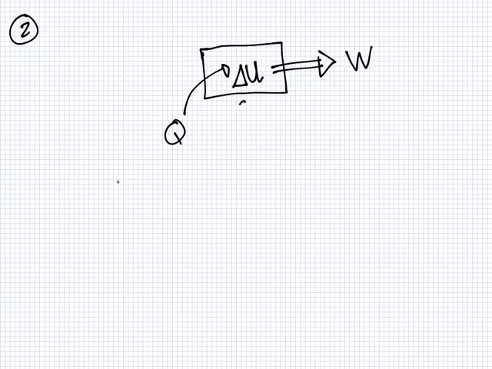So it has Q, delta U, and W in the answer. The efficiency is the work out over the work in, multiplied by 100, or power out over power in multiplied by 100.